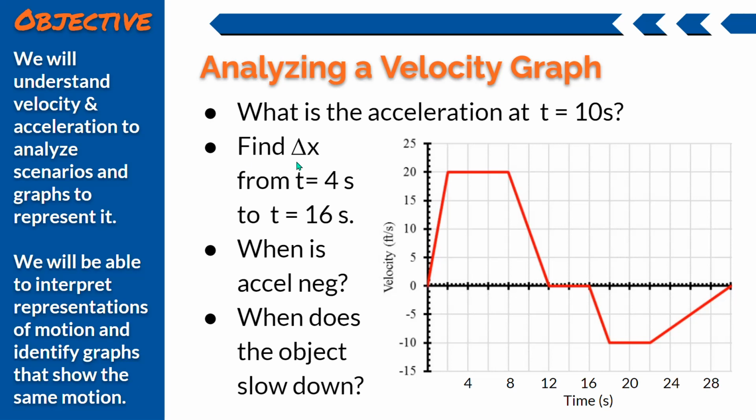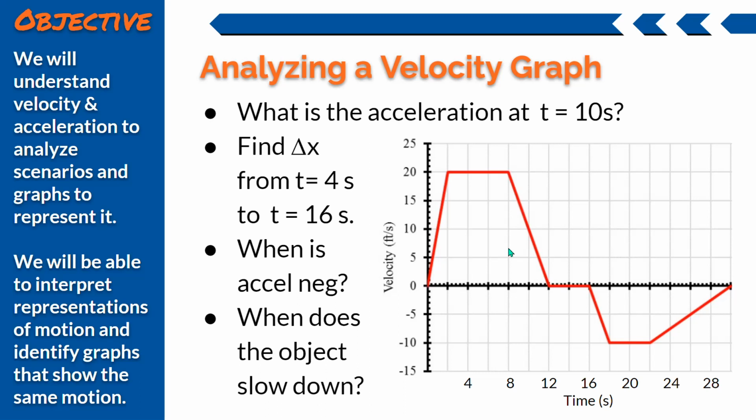The second one says find the displacement from 4 seconds to 16 seconds. If I look at this, 4 seconds is over here, 16 is here. Well, nothing happens between 12 and 16 because they're at rest. So I really just need to find the area of this trapezoid from 4 to 12. You have a rectangle here from 4 to 8. That's length 4, width 20. 4 times 20 is 80.